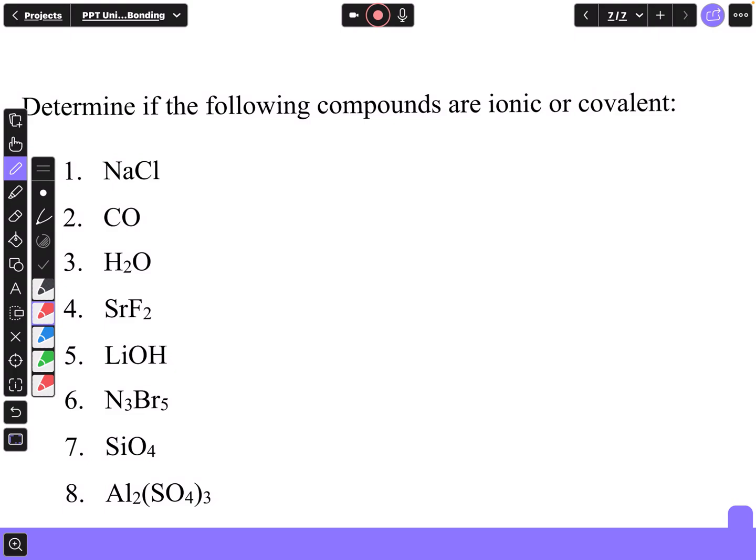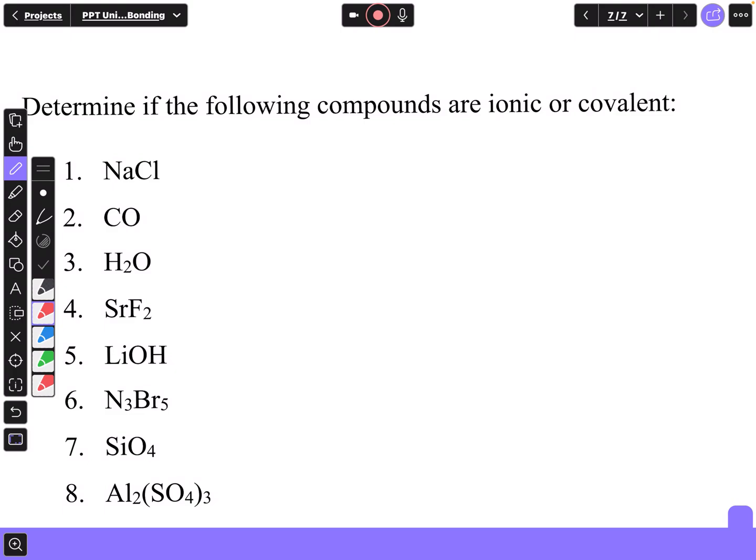You can calculate the values and subtract them for a metal and nonmetal, and if it's a certain value, it'll tell you it's covalent or ionic. We'll look at that when we talk about polar covalent bonds a little bit later on. It might be after Christmas. But right now, we're just going to use whether it's a metal and a nonmetal. Metals are to the left side of the stair-step line, nonmetals are to the right side of the stair-step line. That's to determine what we're dealing with.